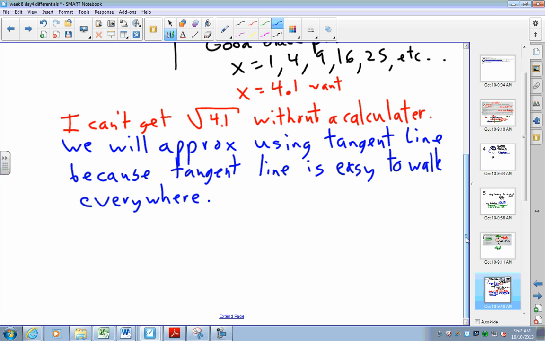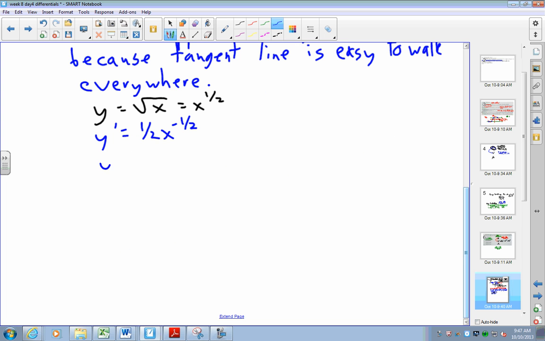Okay? So let's get that tangent line. So y equals square root of x, which is x to the 1/2. The derivative is 1/2 x to the negative 1/2.